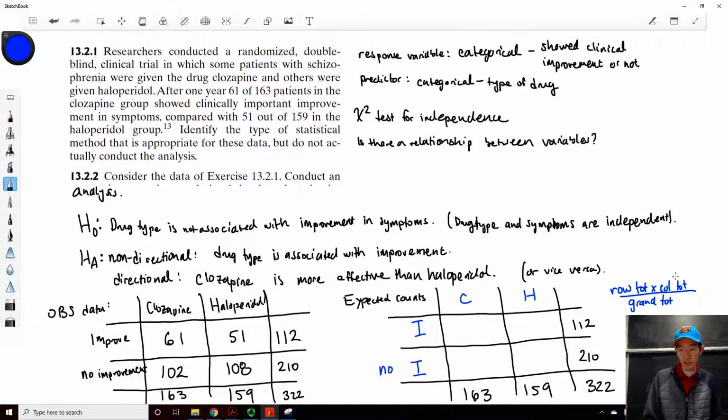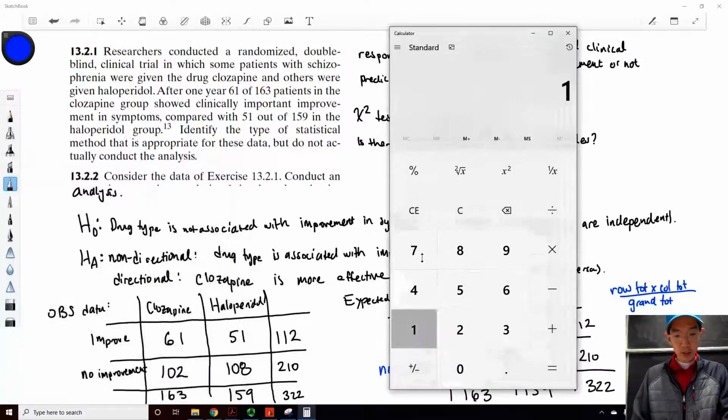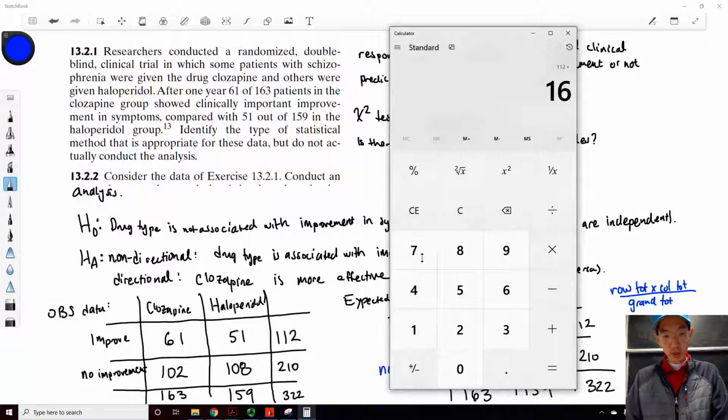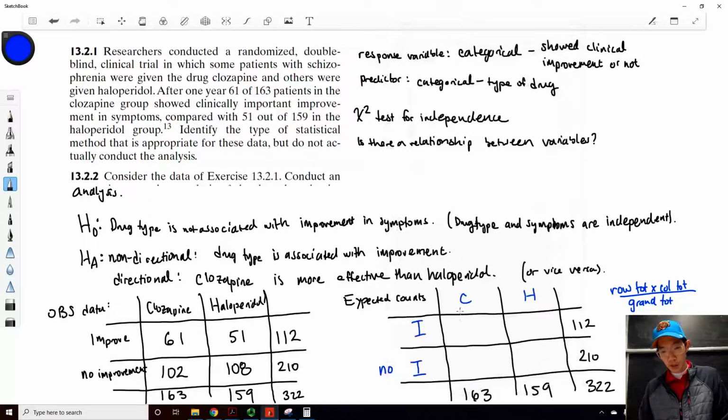All right, so if I do 112 times 163 divided by 322, I get 56.695, 56.7.